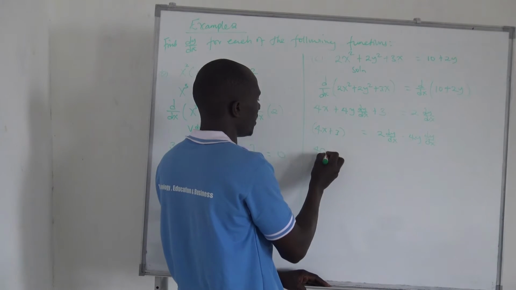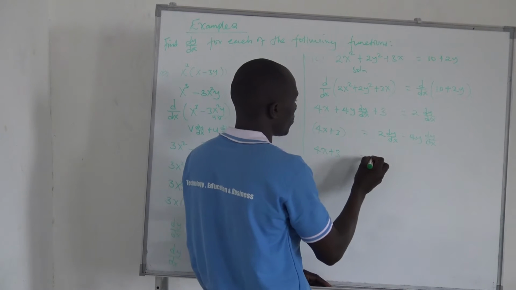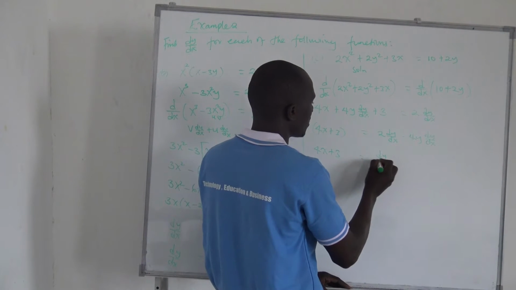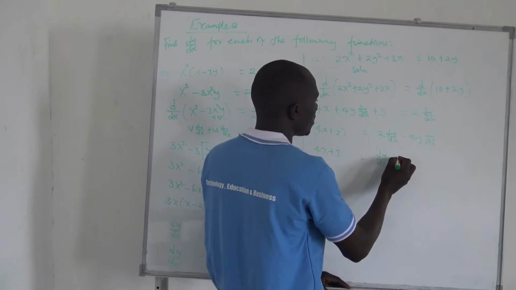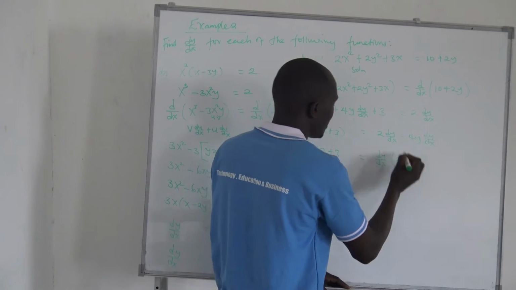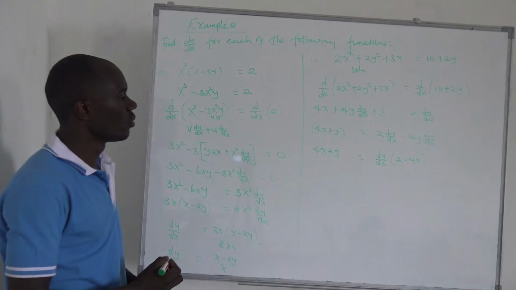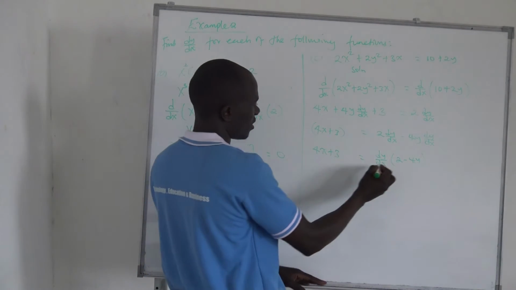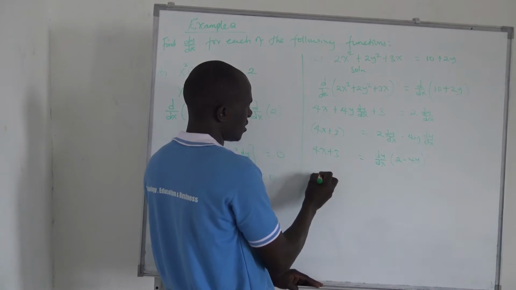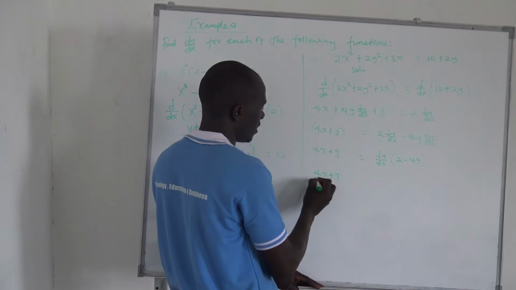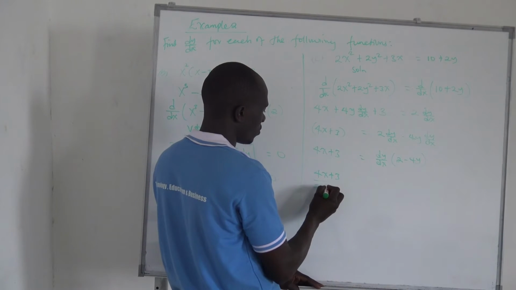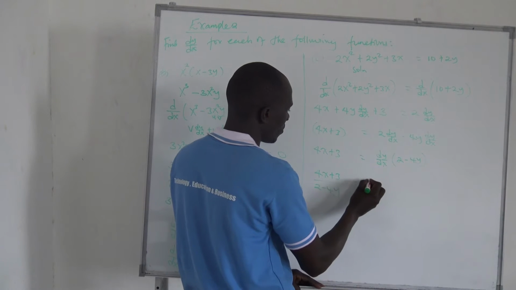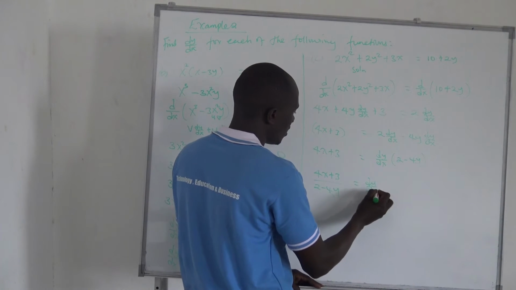So I've got 4x plus 3 equals, what is common is dy/dx, remaining with 2 minus 4y. Now, what are we going to do? We divide by 2 minus 4y to remain with dy/dx, so we divide both sides. We are getting 4x plus 3 all over 2 minus 4y equals dy/dx.